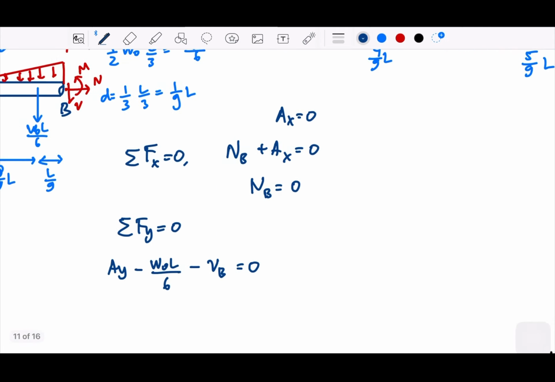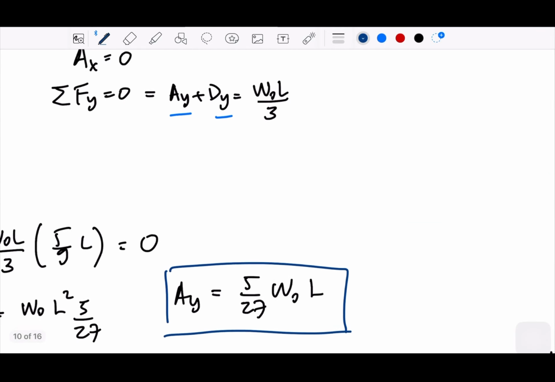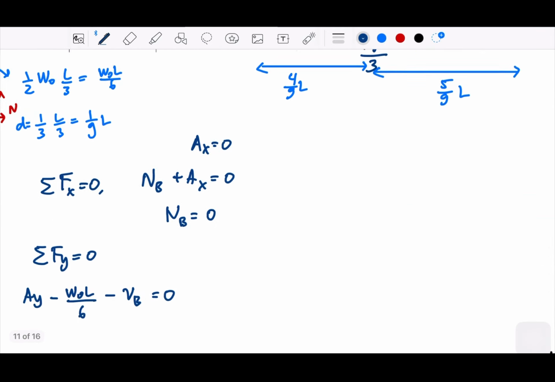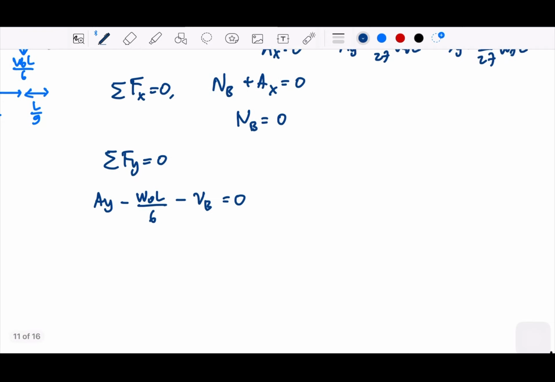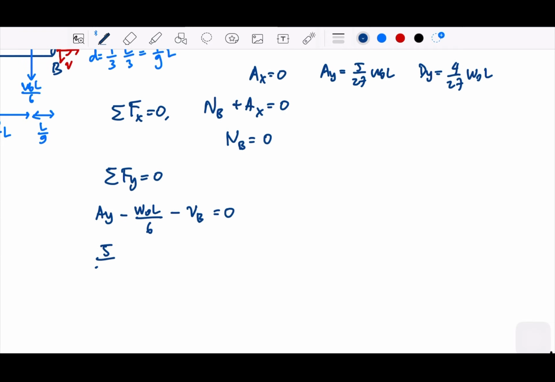What is Ay? Ay is here, 5 over 27. Let me write here. So Ax is 0, and Ay is, and Dy is, so Ay, so the shear stress.